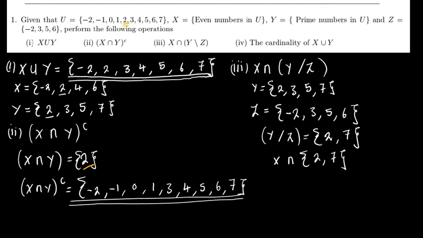So now which number is found in X also found in Y/Z? Of course, our final answer to this particular set operation is going to be 2.